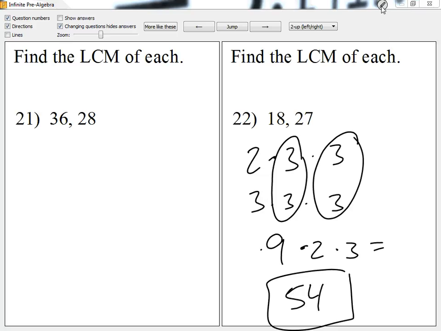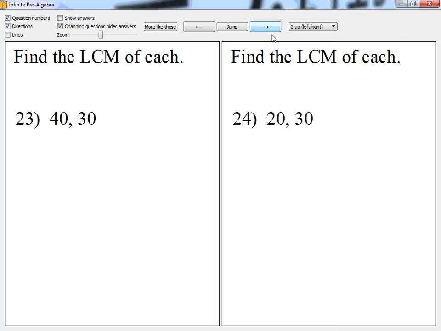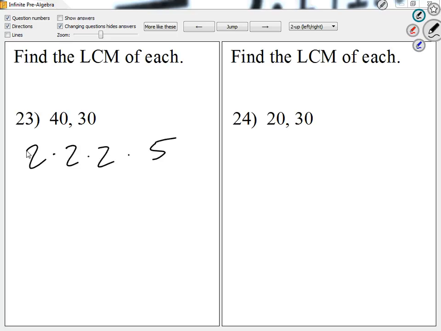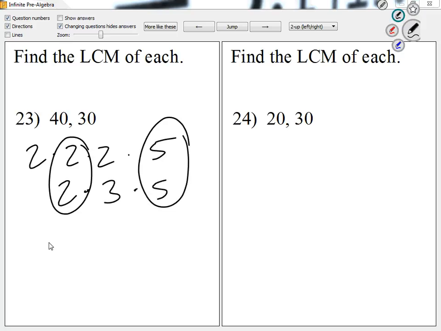Let me take a look at another example. Number 23, 40, I'm going to go 2 times 2 times 2 times 5. Alright, if I do the prime factorization of 40, I get 2 times 2 times 2 times 5. For 30, I'm going to get 2 times 3 times 5. I look for my greatest common factor, which in this case is 10, 2 times 5.